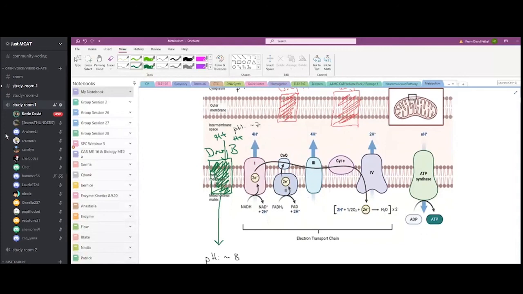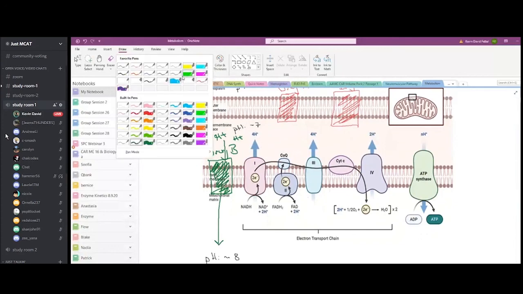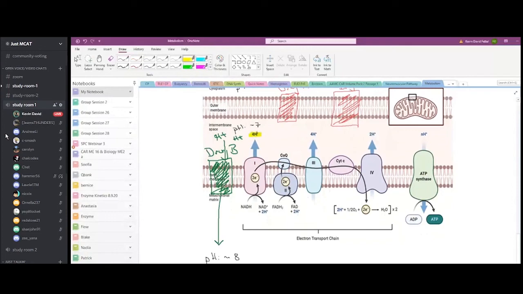Now, for the MCAT, you'll probably see the latter. You'll see drug B more often talked about than A, and I'm sure you guys have seen some of that as well. You will probably be asked how many protons are transported across each complex.